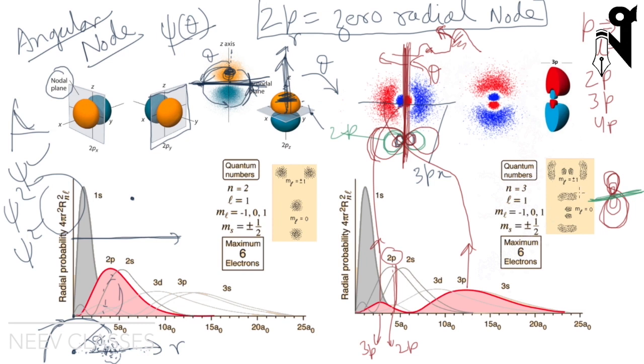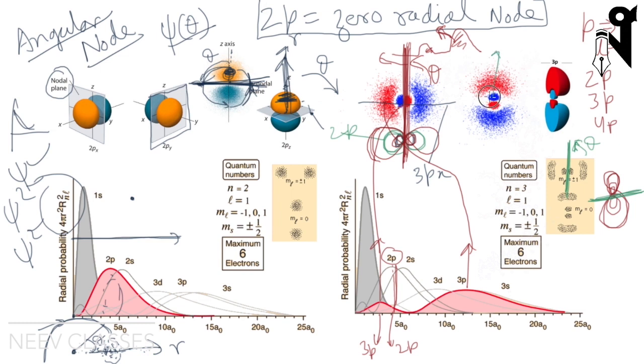So here they have drawn the density diagram, and you can see for 3p, that's the angular node or nodal plane. That's the nodal plane where you find nothing, because you have gone along the angle theta, and that's the region where you get nothing. And these places, how many radial nodes have you got? So if you go along the radius, I've just messed it up over here, so I'll make it like this.